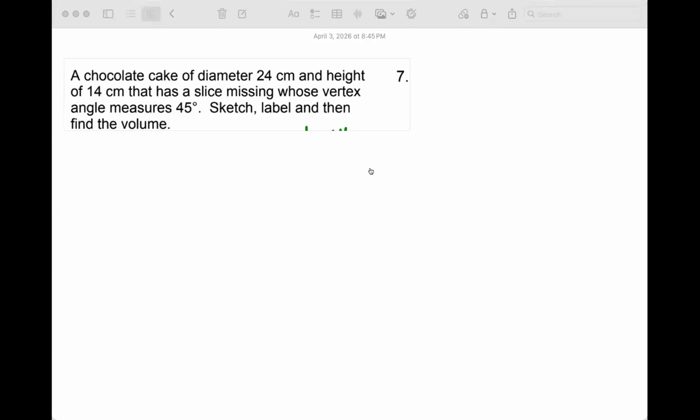Do you think you can handle it, guys? So volume of the cake is what it is asking.